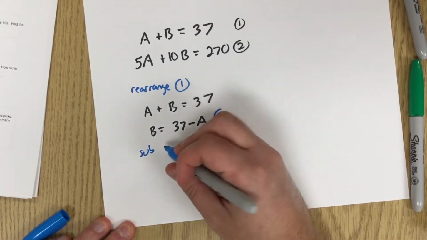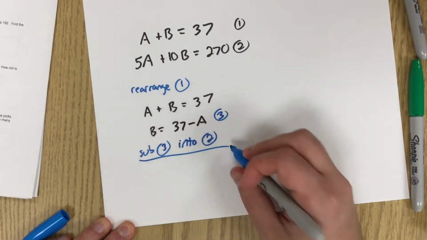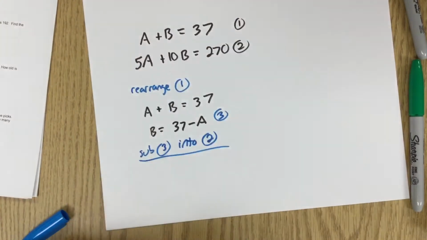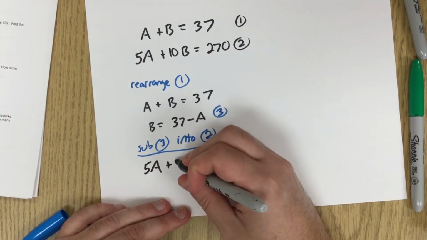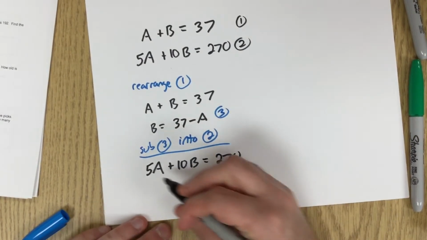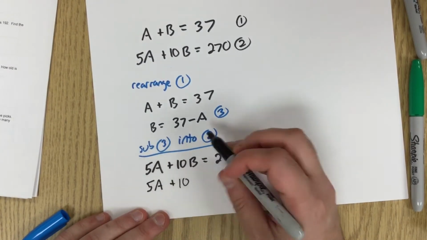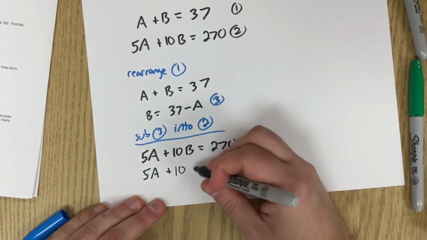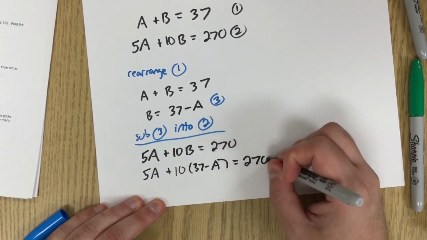That's equation 3. Sub equation 3 into equation 2, the one that we didn't use. So 5a plus 10b equals 270. 5a plus 10 times b, and b is 37 minus a, equals 270.